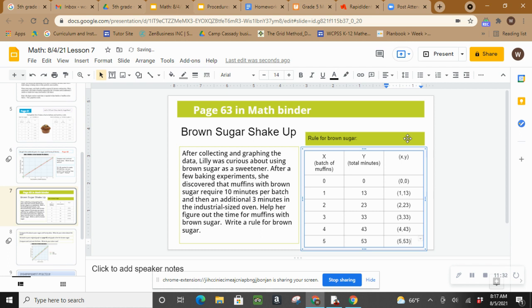All right. So remember the rule is just like the honey, but it's 3 instead of 1. So y equals 10 times x plus that 3 minutes instead of 1. All right.